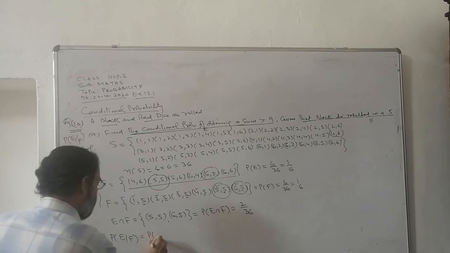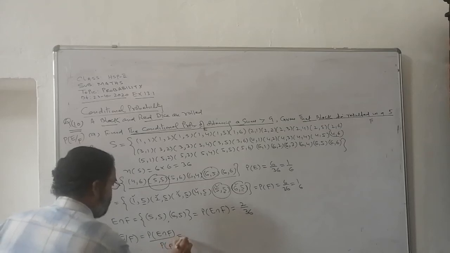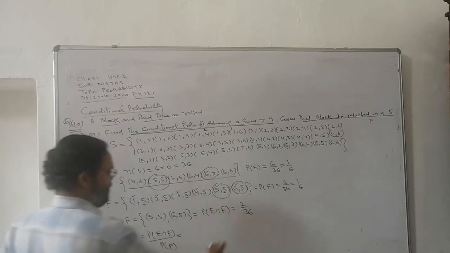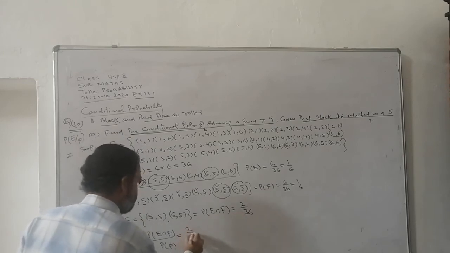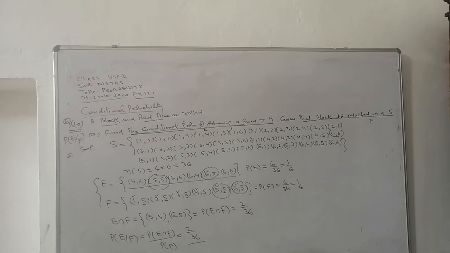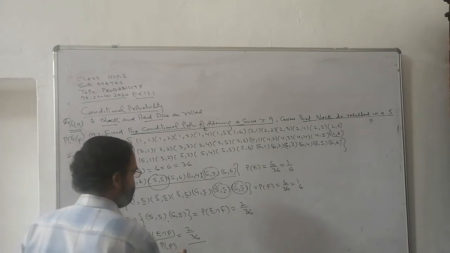So I can calculate the conditional probability of E given F. This is the probability of E intersection F upon the probability of F. This will be equal to 2 upon 36 for E intersection F, and the probability of F is 1 upon 6.